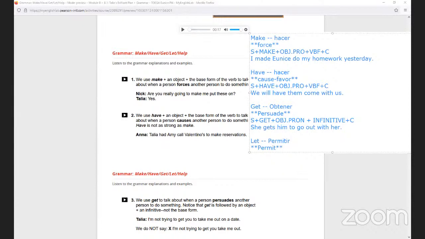To permit something. So in this case, we will use the same structure as make and have. Subject plus let plus the object pronoun plus the verb in base form and the complement.